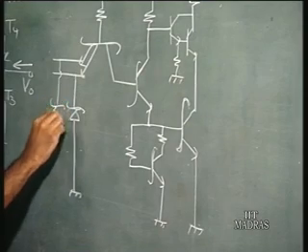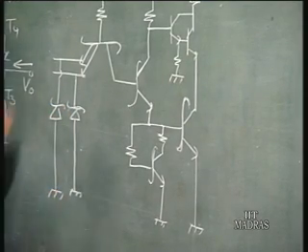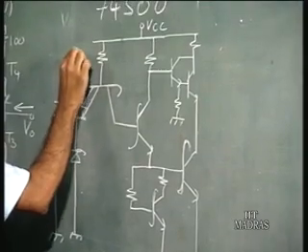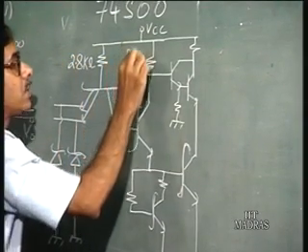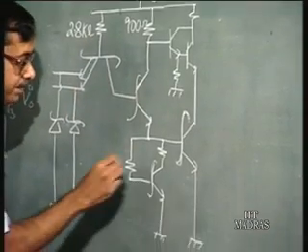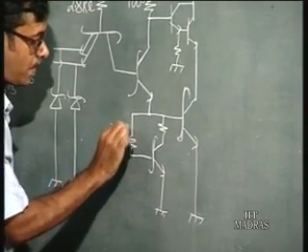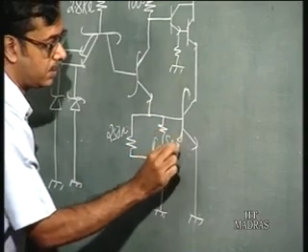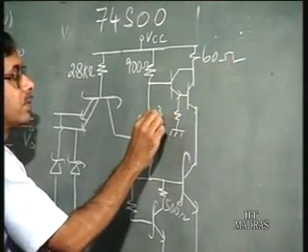These are the values, I think: 2.8 kilo ohm, 900 ohms, 250 ohms, 500 ohms, 60 ohms.